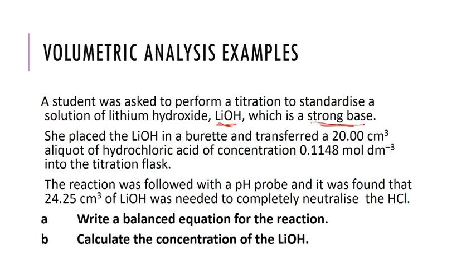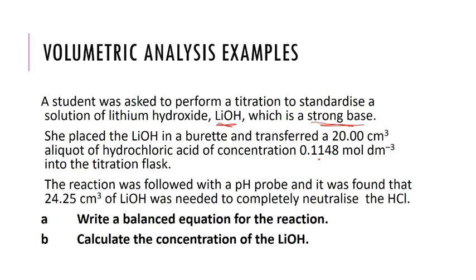It says she placed the lithium hydroxide in a burette and transferred a 20 centimeter cubed aliquot to a hydrochloric acid of concentration 0.1148 moles per decimeter cubed into the titration flask. The reaction was followed with a pH probe, and it was found that 24.25 centimeters cubed of lithium hydroxide was needed to completely neutralize the HCl.